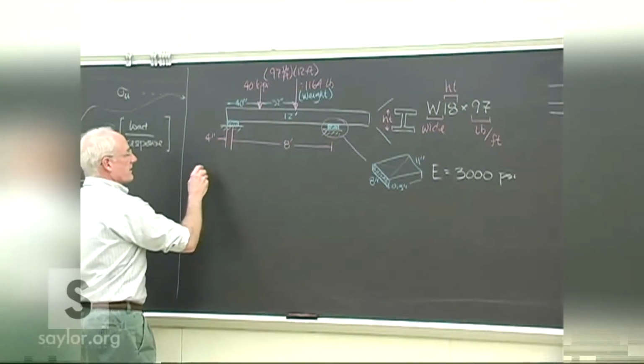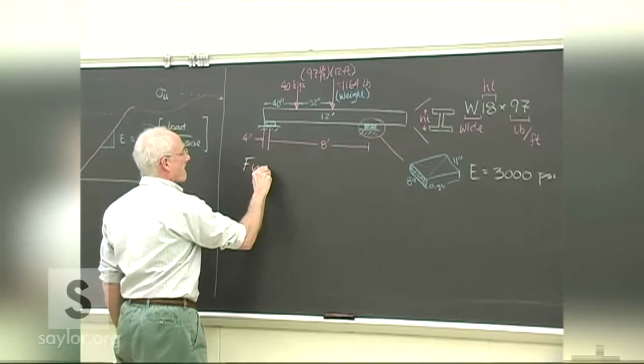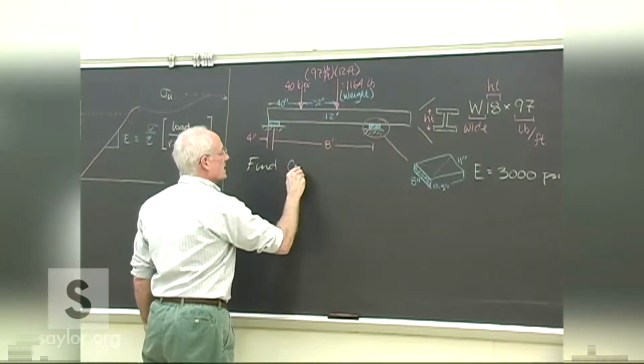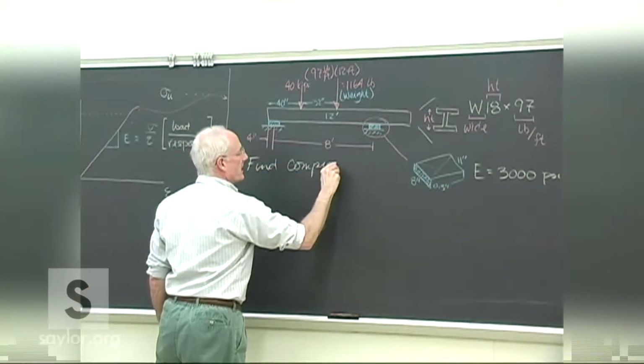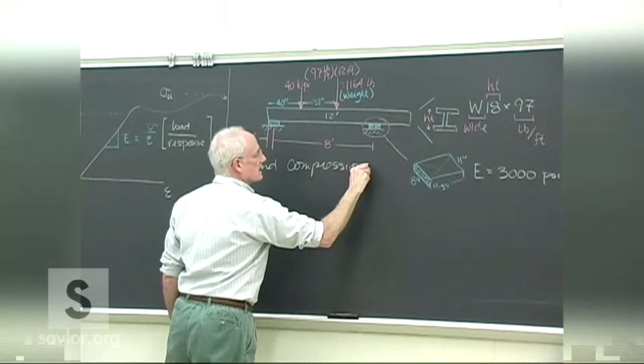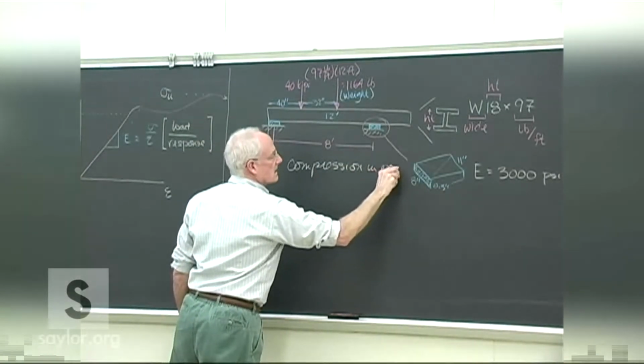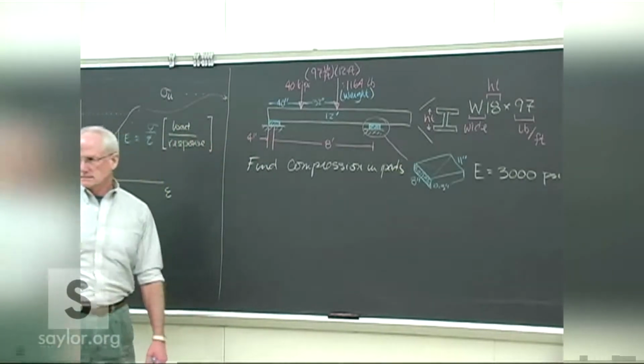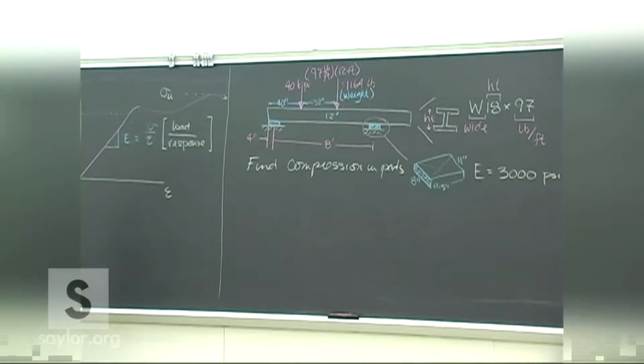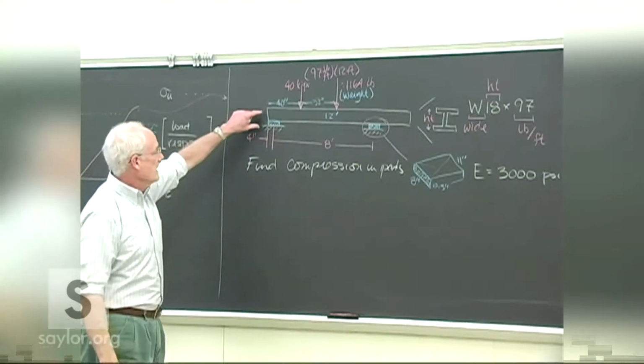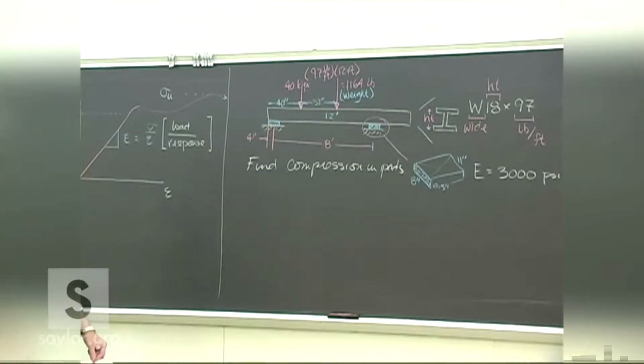All right, so we want to find the compression in the bearing pads. The fact that this beam is quite heavy is going to compress these pads a little bit.